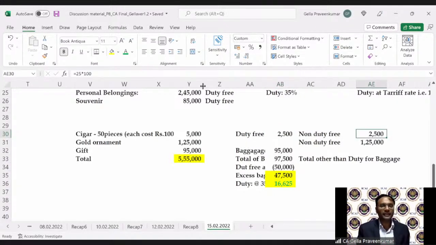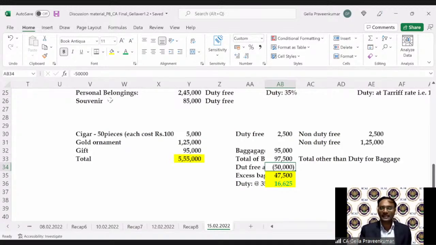And non-duty free balance 25 I have taken, Namita. What we have done, we have taken 25, which is permitted as per Annexure 1. Balance 25 not permitted, I have offered for duty. Ad valorem 100%. And while I am calculating this, Namita, look at the calculation. For 50,000, we have derived over here. Hope this is clear, Namita.